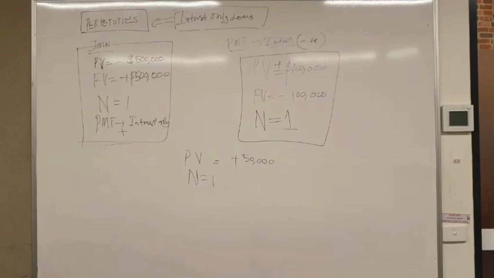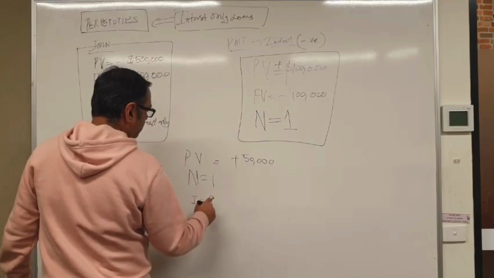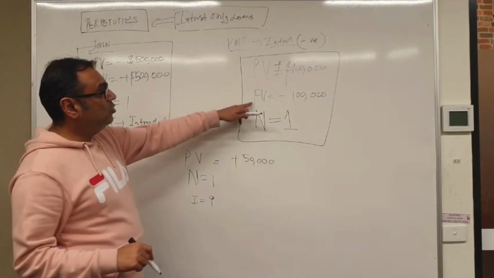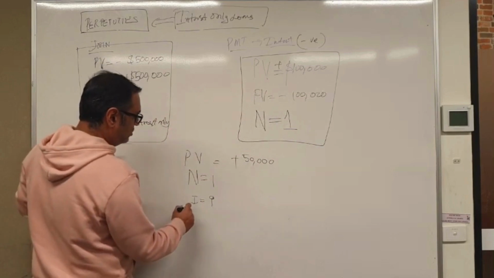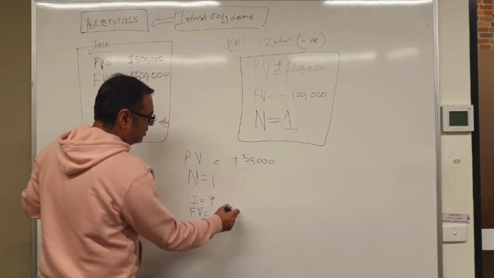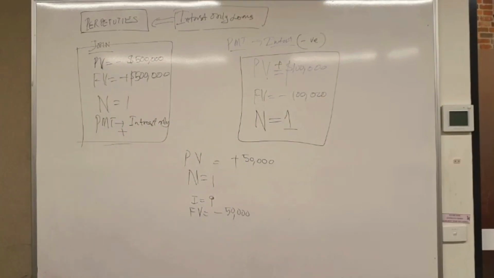The rate of interest is 9%, I is 9. So since it is an interest-only loan, the future value will be a negative value. So your FV is minus 50,000. And it says, what's the monthly amount? It says per annum compounded monthly.